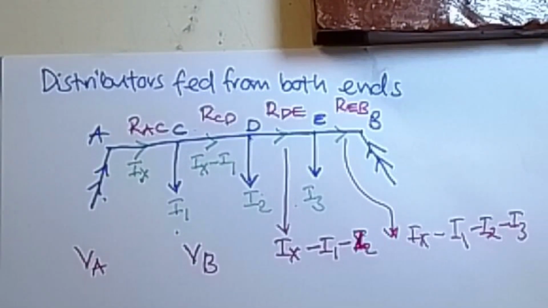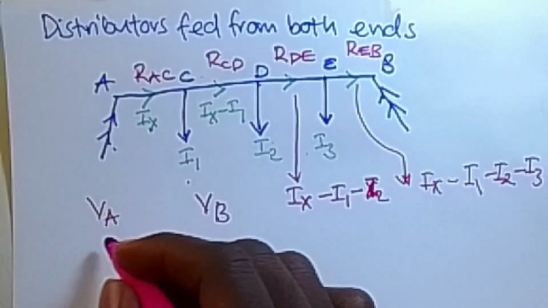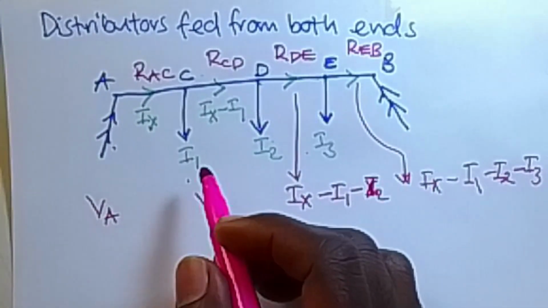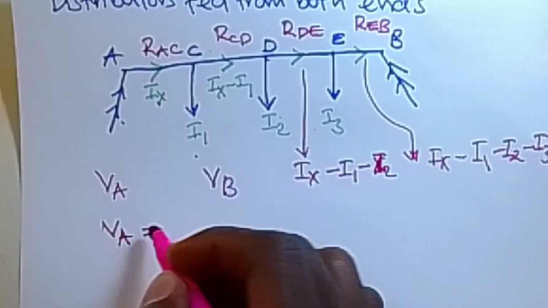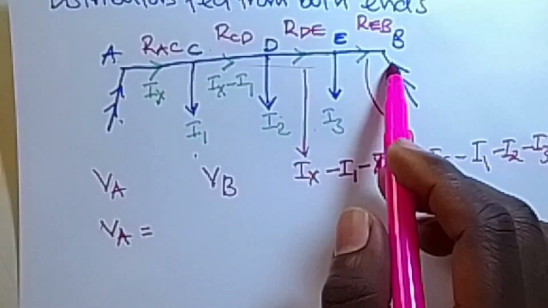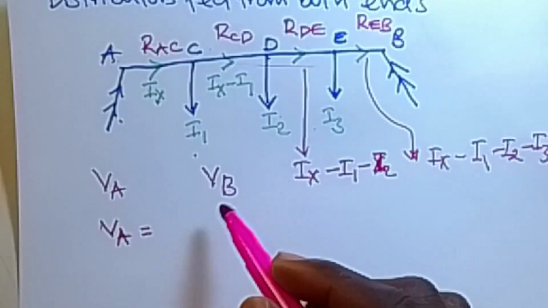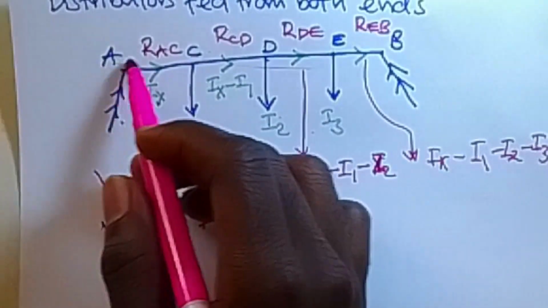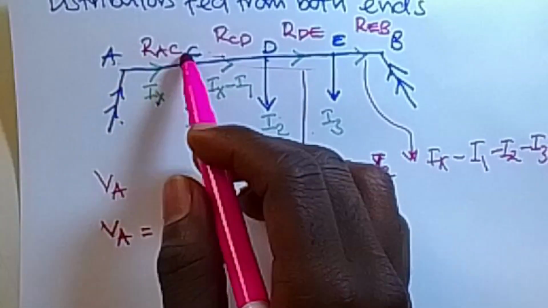So to get the unknown current Ix that we have introduced, we shall use the sum of voltage drops, the rule is the same. VA is going to be equal to the sum of individual drops along this path plus the voltage at the other end. So it will be equal to VB plus the current flowing through this times the resistance there.